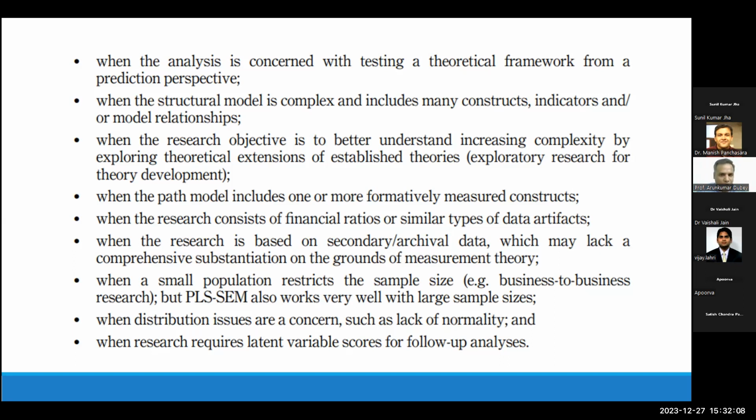So you have to maximize the R square. But again, PLS-SEM says that R square is a measure of in-sample prediction. R square doesn't explain the predictive power of the model. Let me not go into the advanced part. Let me flow with the flow. It will make a lot of sense to you.